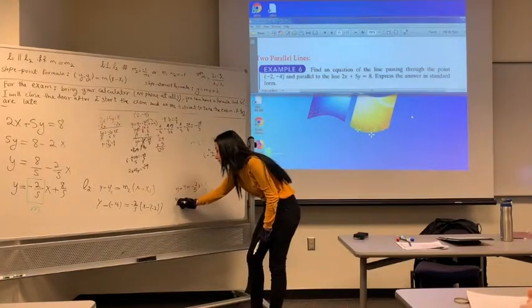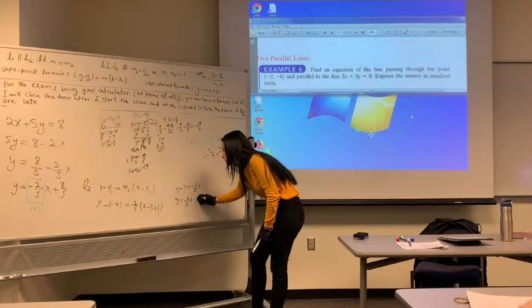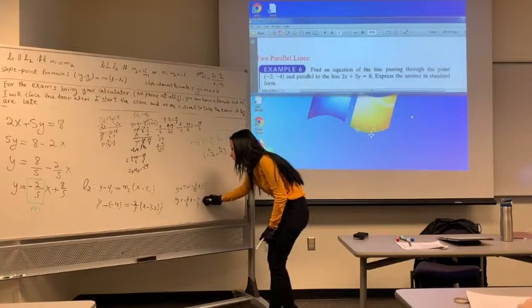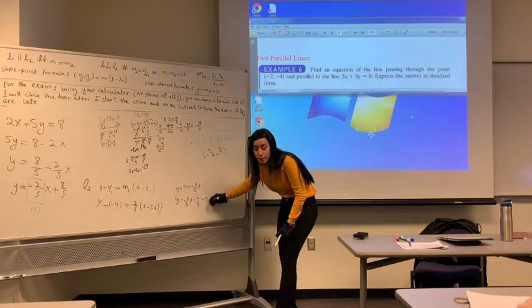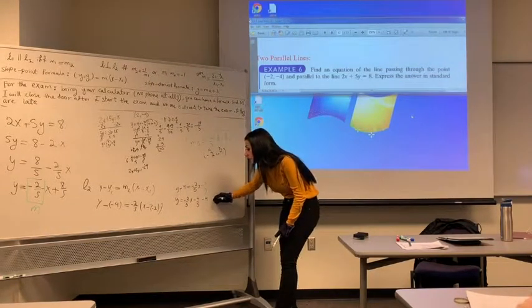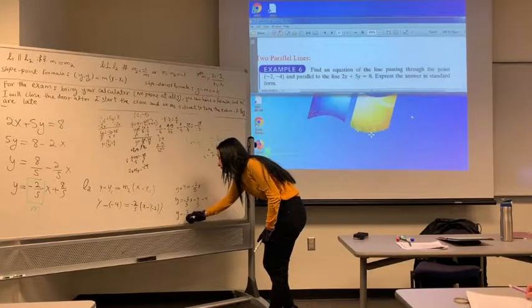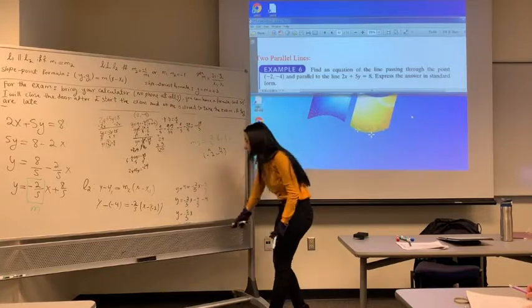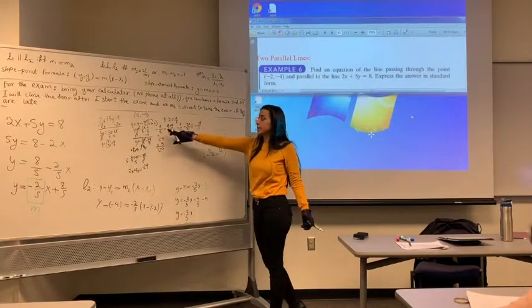So y is equal to negative 2 over 5 x minus 4 over 5 minus 4, right? So we add these two like the way he did here.